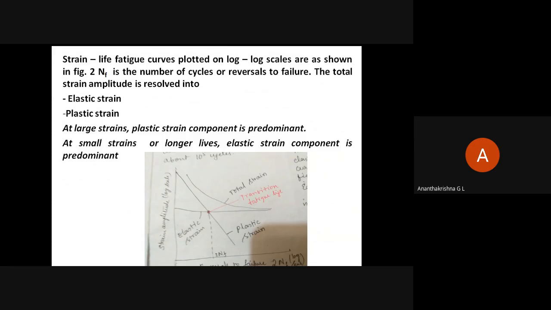This is reversals to failure, that is 2NF, again on log scale. This curve is elastic strain curve. This is a plastic strain curve. The intersection of elastic and plastic strain is called transition fatigue life, which will decrease with the hardened steels, and this curve will give you the total strain curve. Please note down this sketch.